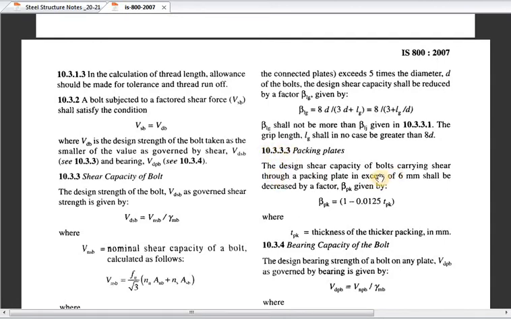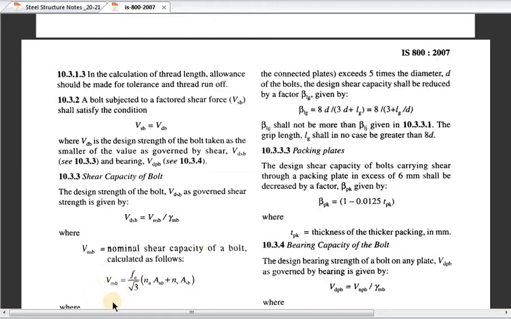The design shear capacity of bolt carrying shear through a packing plate in excess of 6 mm shall be decreased by factors. That means if the packing plate thickness is more than 6 mm, we have to use this factor, beta packing plate pk, which is equal to (1 minus 0.0125 tpk). Okay. So these three concepts I have to clear in today's lecture.